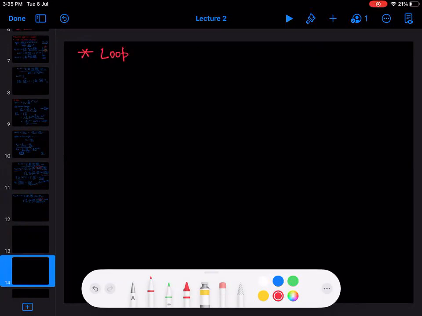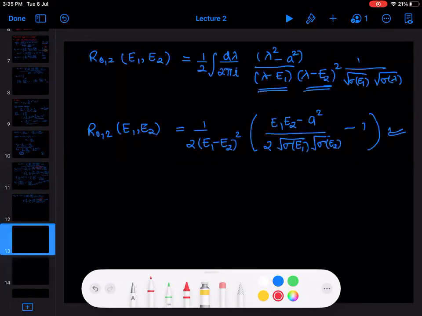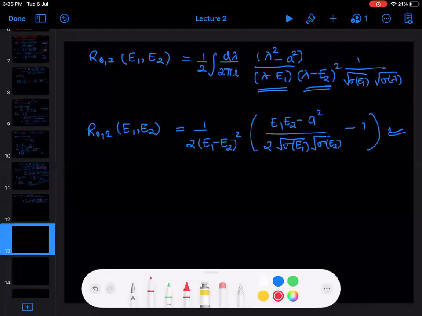Is there another question? Is only R02 independent of the potential V, or does it depend on V through these endpoints A?